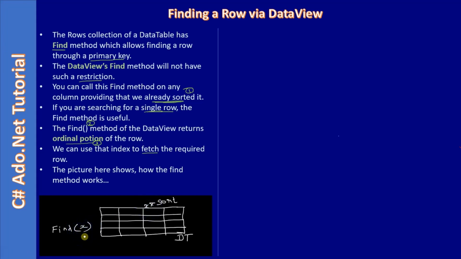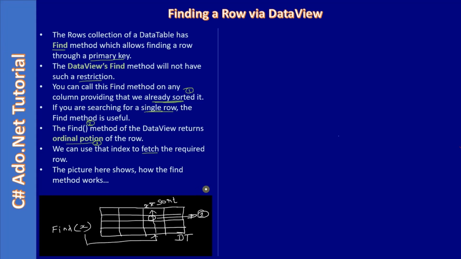What this find method will do is go and scan the sorted column. Once it finds a specific row, it will return the ordinal position, right? Once the ordinal position is returned, from there you can fetch and pick the value.